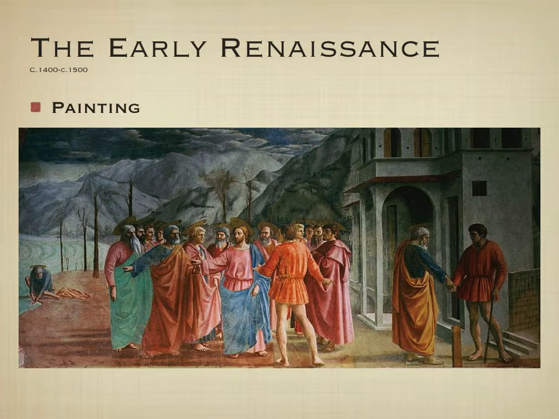Also, we can see the use of atmospheric perspective in the background. We know the mountains are supposed to be further away because they're smaller and out of focus. You can also see the foreshortening on the right-hand side in the building. This is a technique used in perspective to create the illusion of an object receding strongly into the distance.